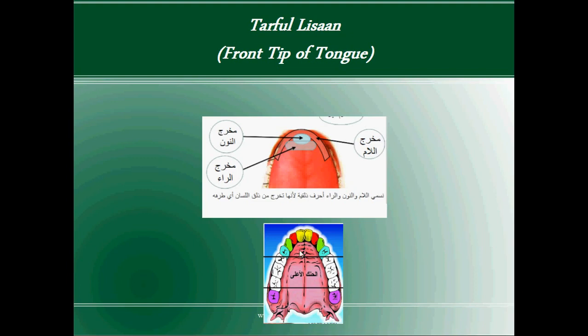Personally, when I pronounce ra, I don't touch the gums right here. I touch slightly back, and my teacher said it was fine as long as I'm pronouncing the ra properly. So inshallah, whatever is convenient for you.